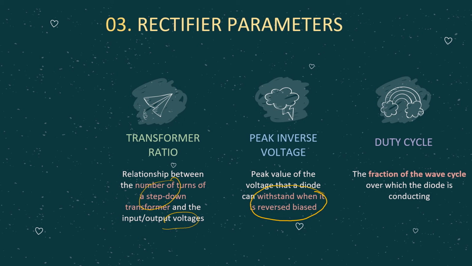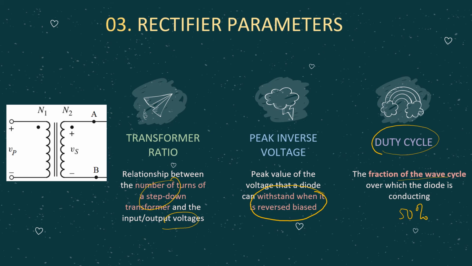Another term that you need to be familiar with is duty cycle, which is the fraction of the wave cycle over which the diode is conducting. If the duty cycle is 50%, then 50% of the time the diode will be on and the other 50% the diode will be off.